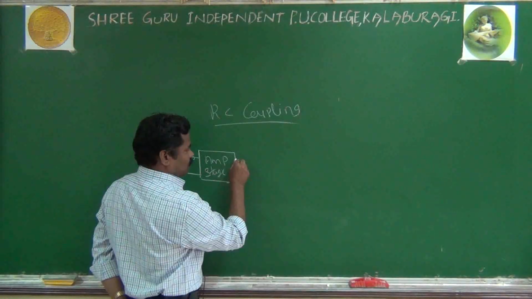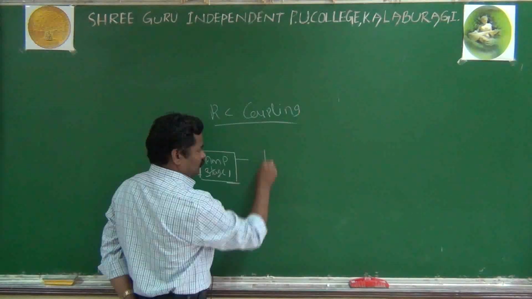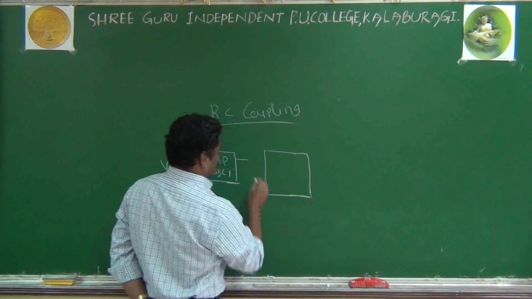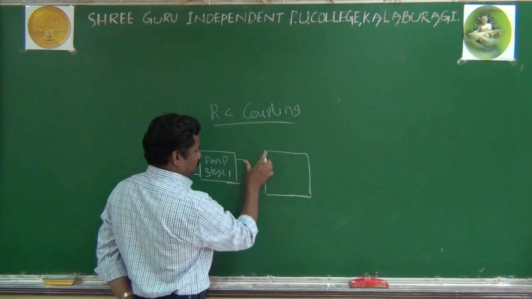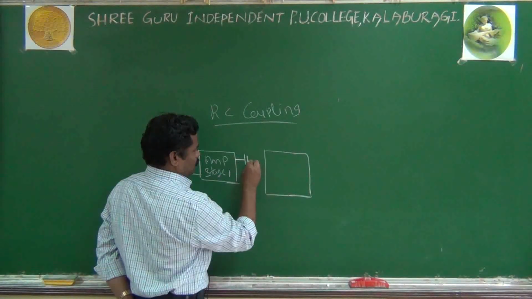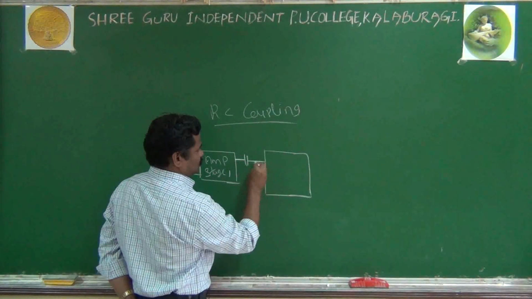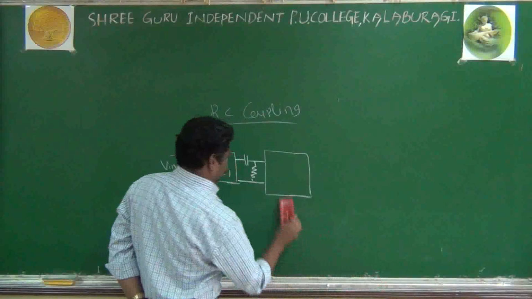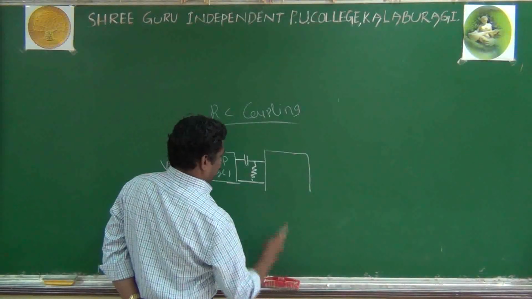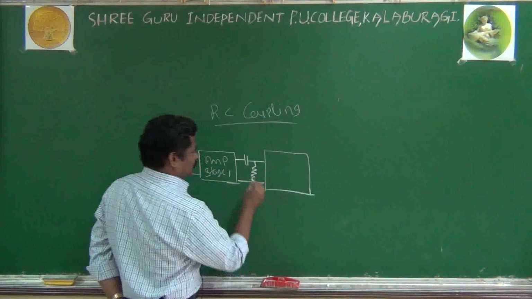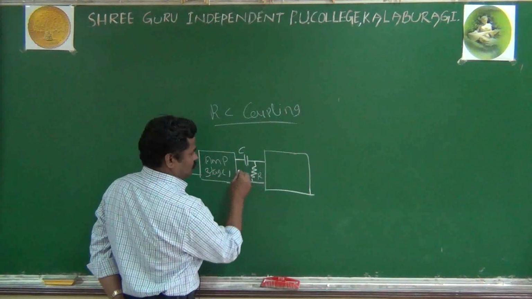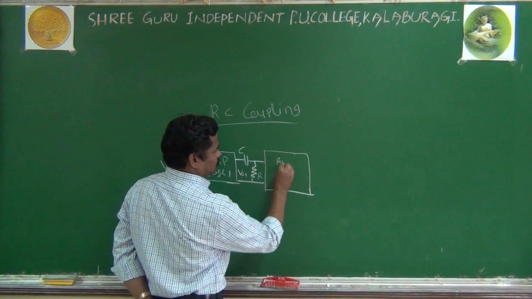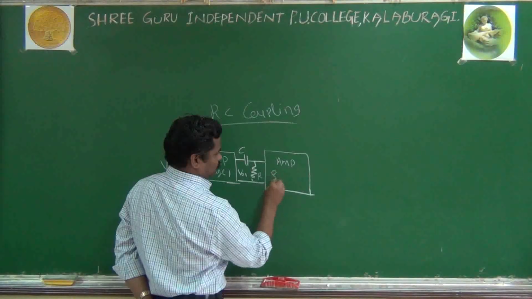Now here you are having the output. You can go for another stage here. Here you are using a capacitor and a resistor. This is C, this is R, this is your output V01. And here also the same amplifier, stage 2.